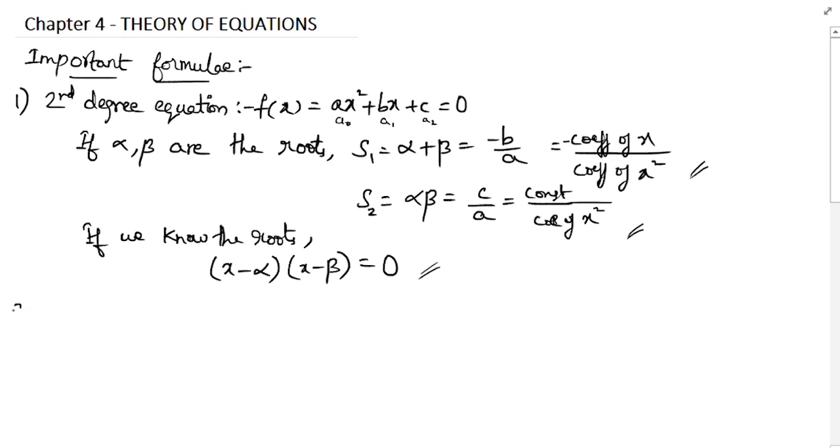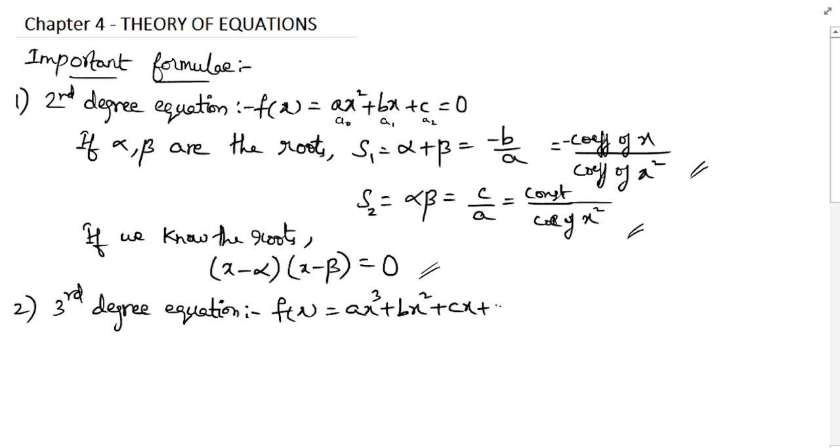Okay, then moving to the third degree equation now. Okay, the third degree equation can be written as f of x is equal to ax cube plus bx square plus cx plus d is equal to 0. So now here the roots can be alpha, beta, gamma.